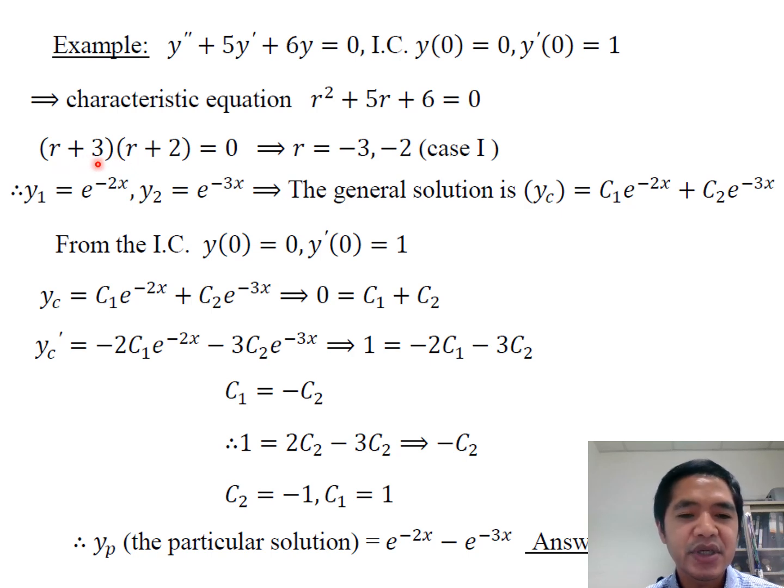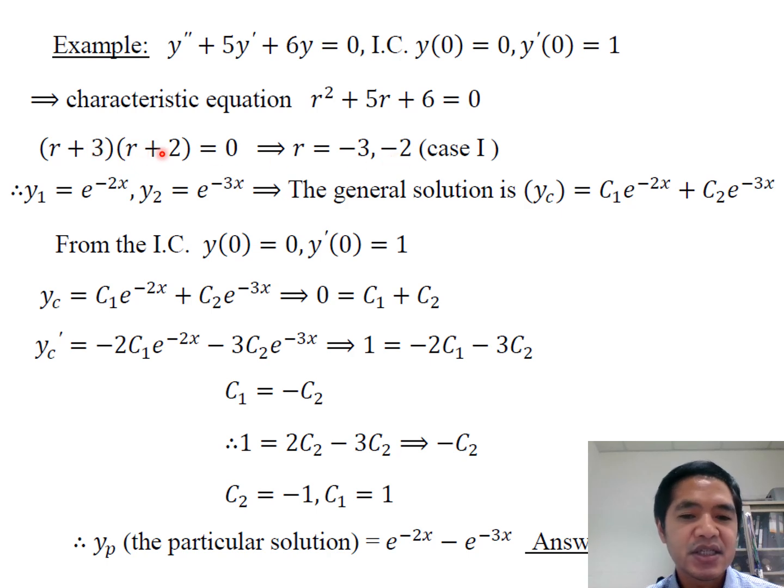Sometimes we cannot separate it into these two factors, then you have to find the characteristic roots from the formula I showed you in the previous slide. In this one, we separate here and get r plus 3 and r plus 2, so r is equal to minus 3 and minus 2.